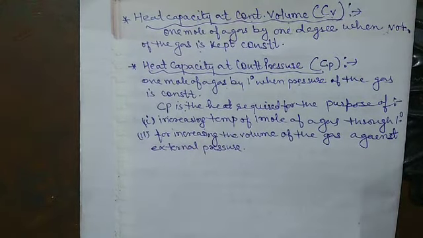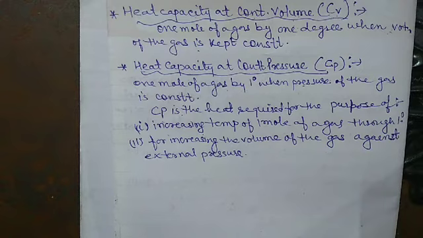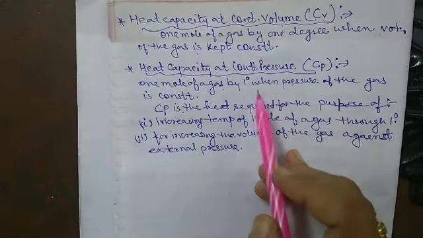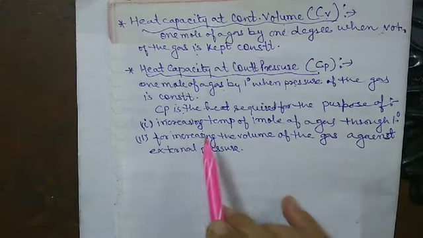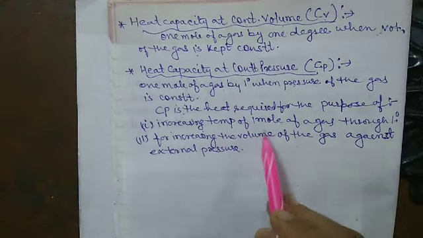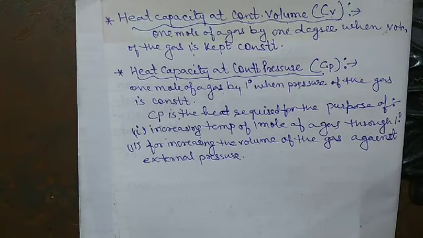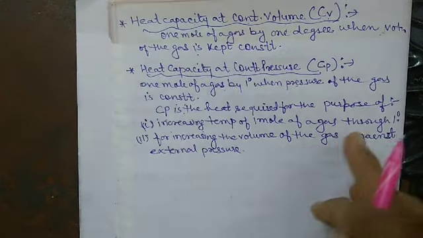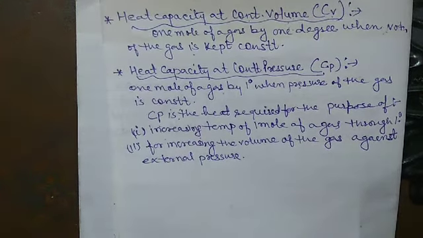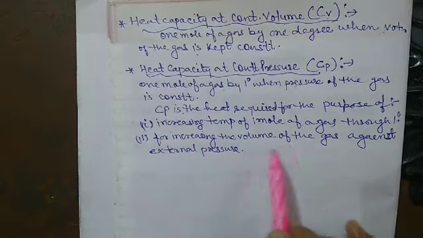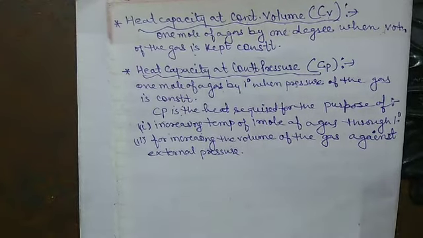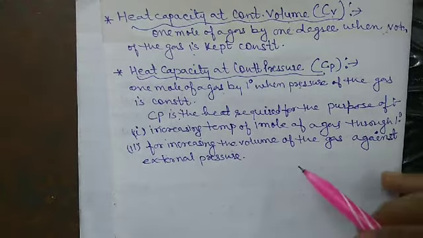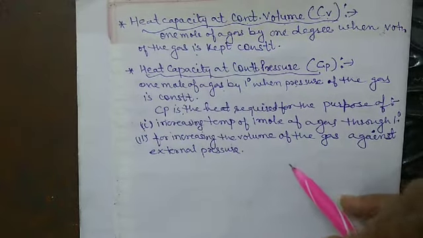So for these two purposes, the heat capacity at constant pressure is required. First is increasing the temperature of 1 mole of gas through 1 degree, and the second one is for increasing the volume of a gas against external pressure.